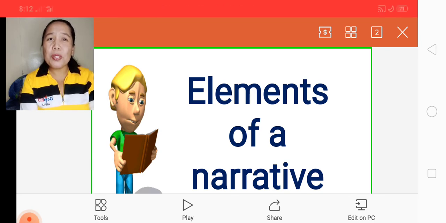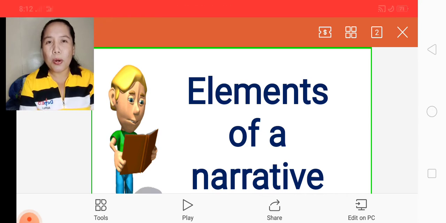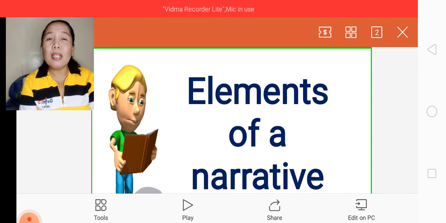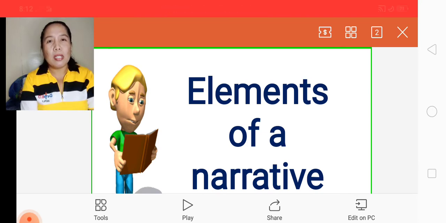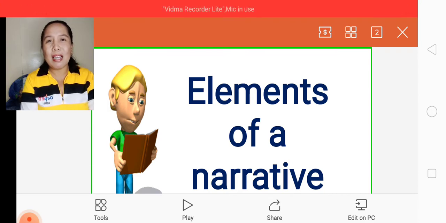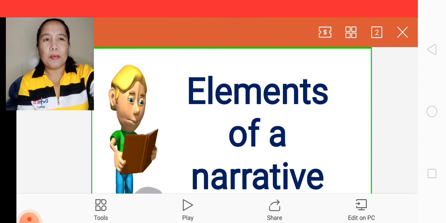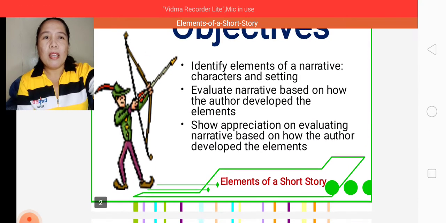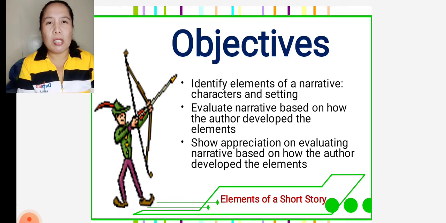Our lesson for today is about elements of narrative or elements of a short story. Before discussing our lesson, let me show first the objectives that you are going to learn at the end of this lesson. I have here the three objectives.